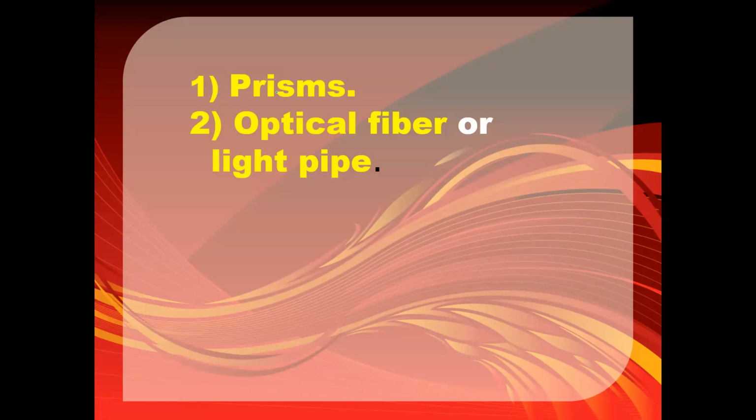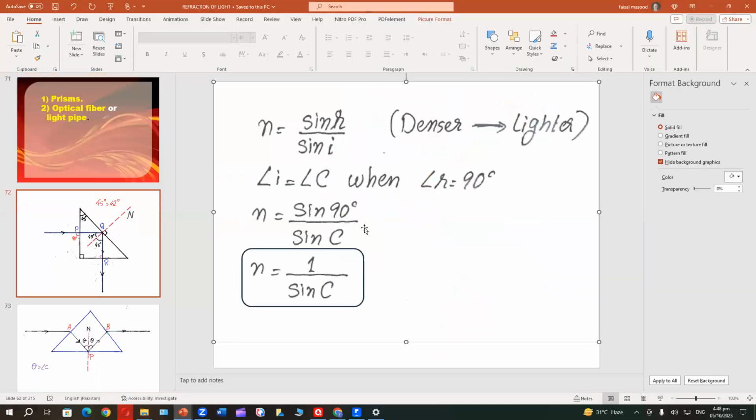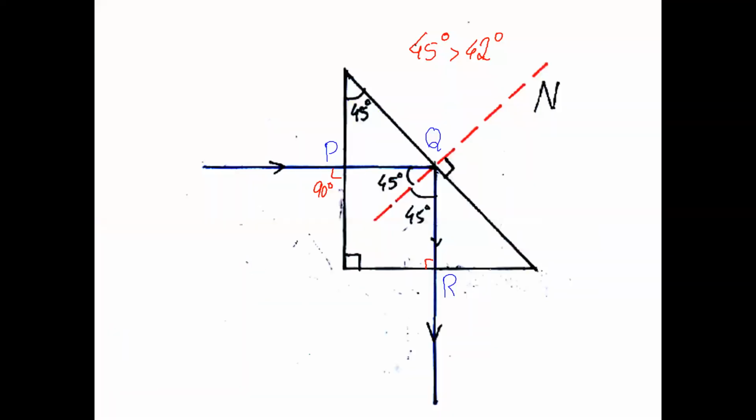Have you copied the list? Yes. So prism we have discussed before also. Look at this prism. When light enters at 90 degree, it does not bend.